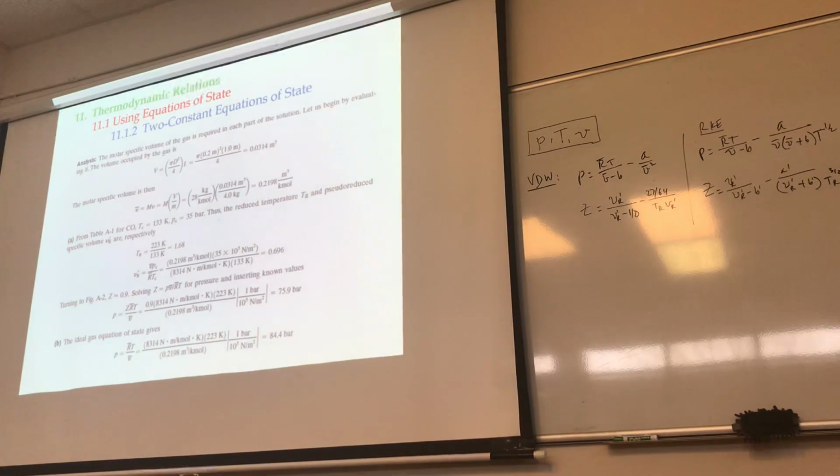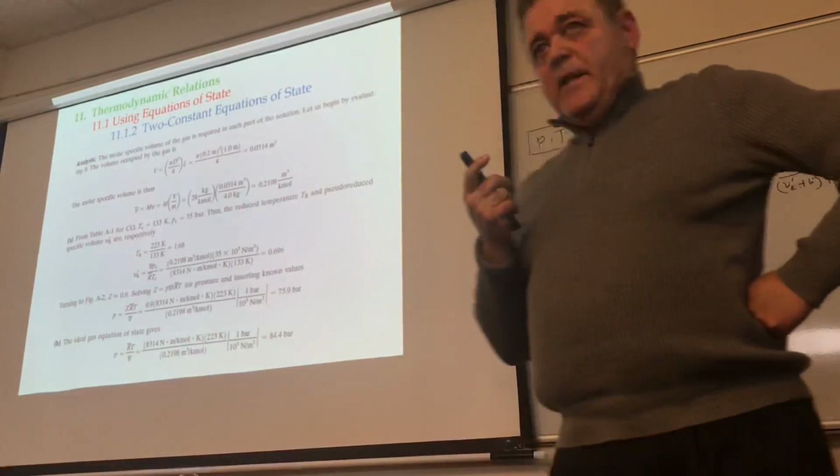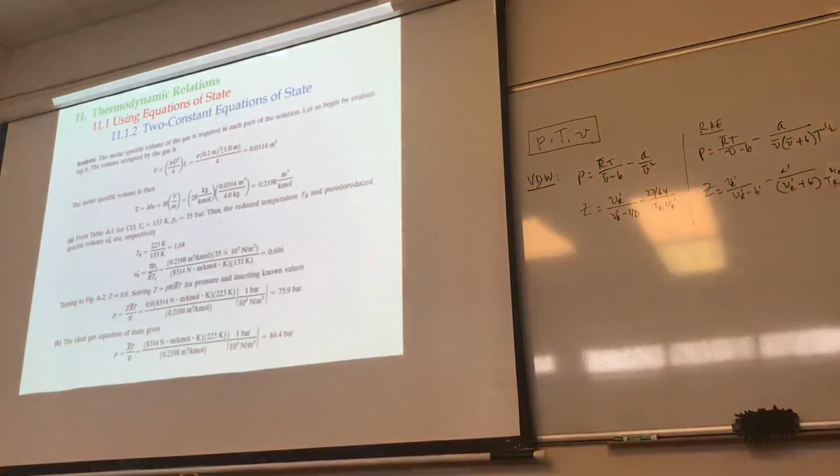Okay? Then what? So the molar specific volume: remember, V bar is equal to M times V, right? So what is M? It's the molar mass of carbon monoxide. And carbon monoxide has a molar mass of how much? Oxygen is 16, and carbon is 12. 16 and 12 is 28.